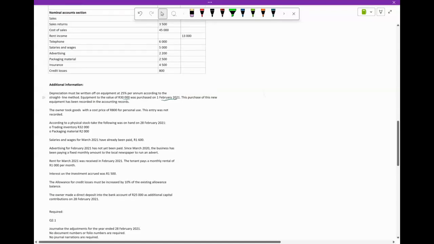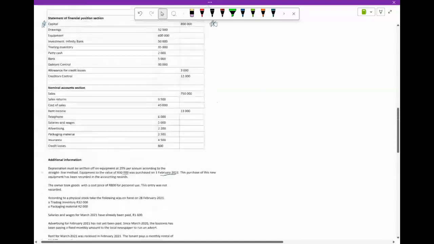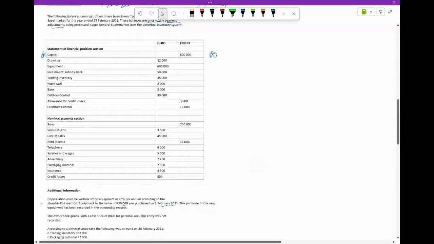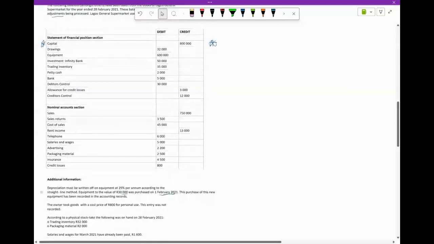So we say to ourselves, they gave us this 28 February. Our equipment balance is 600,000. They said it was recorded that we purchased, right? And we purchased this on 1 February.